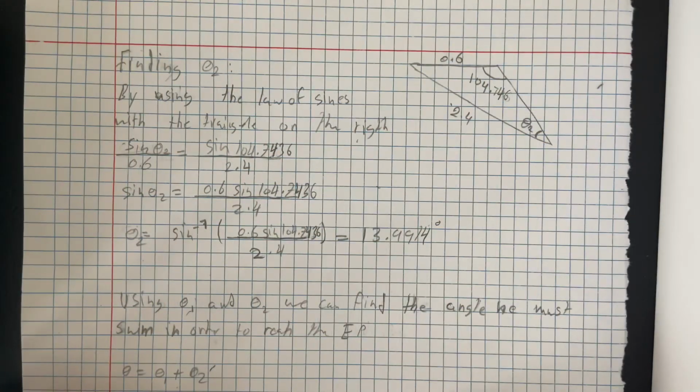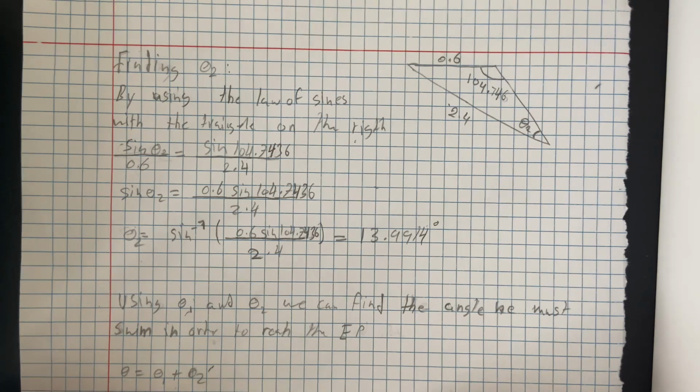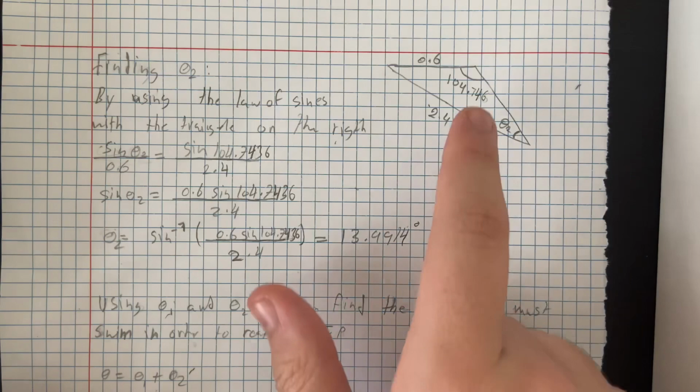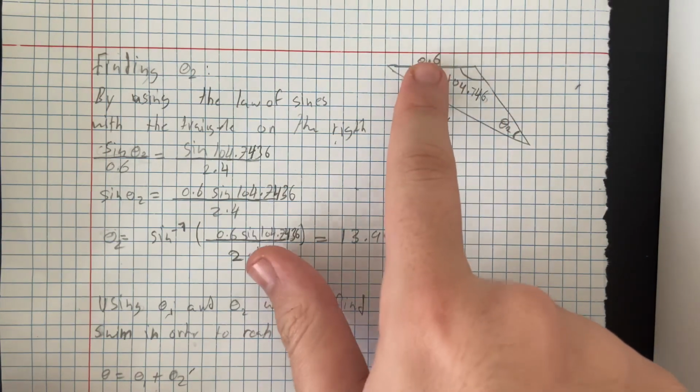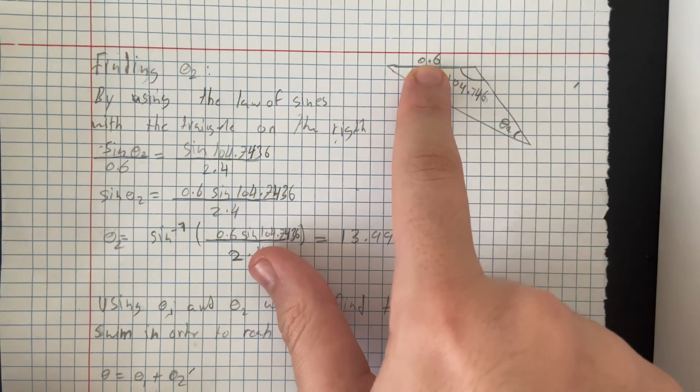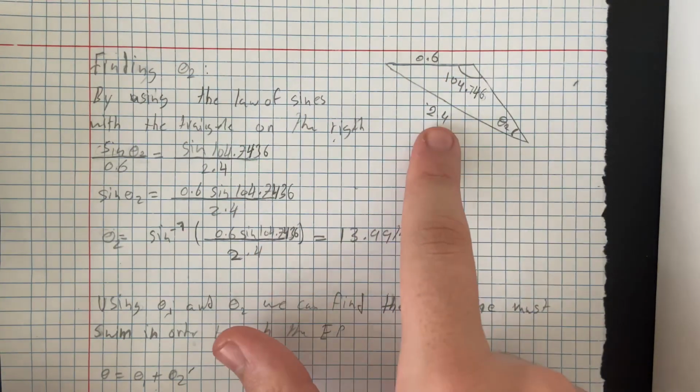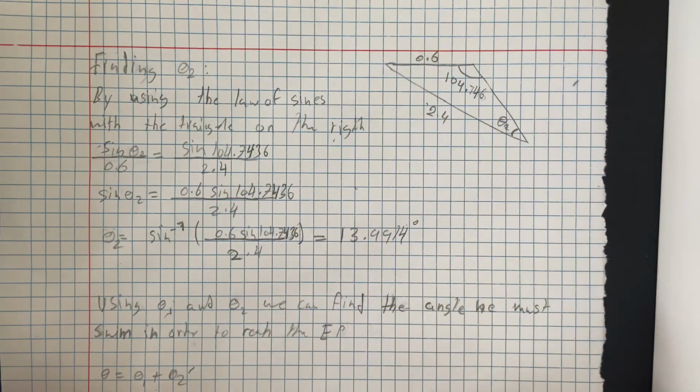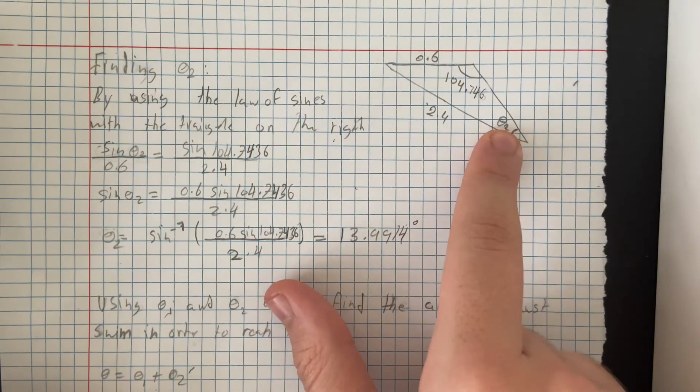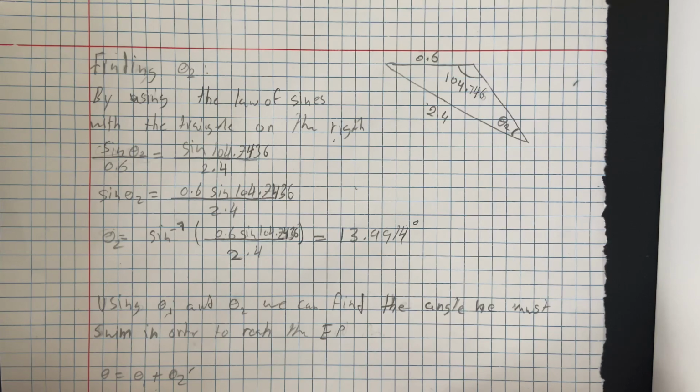Now I'm going to find theta 2 by using the law of sines with a triangle on the right. As you can see, this is the external angle, which is alpha, the current of the downstream, which is 0.6, and his speed, which is 2.4 meters per second. We're trying to find theta 2. Sine theta 2 over 0.6 is equal to sine 104.7436 over 2.4.